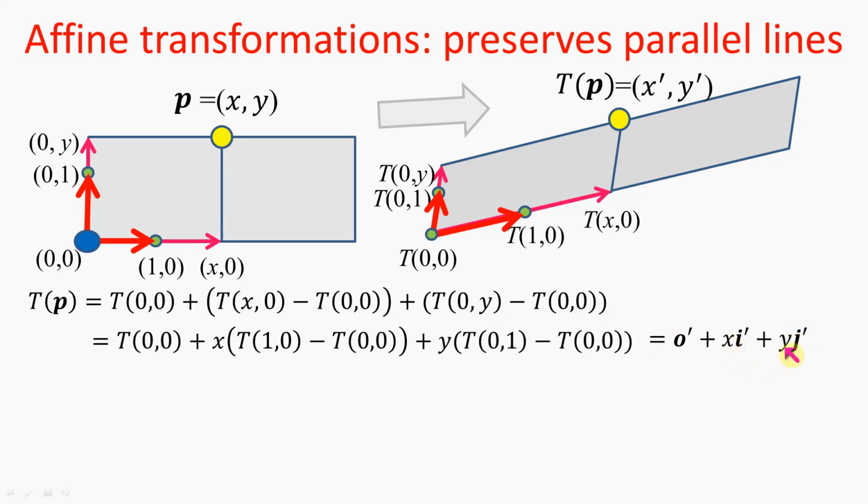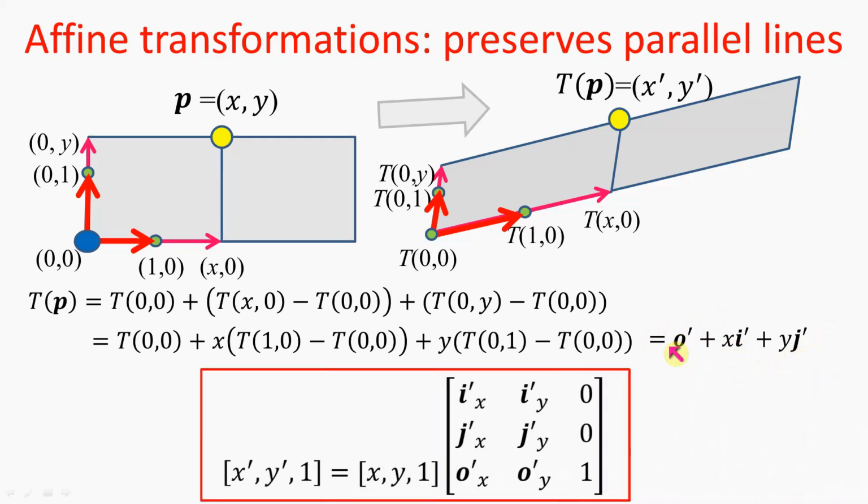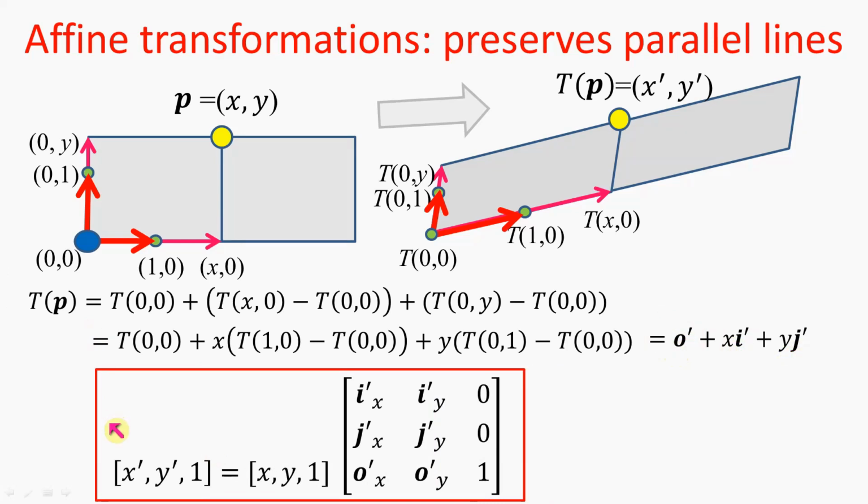Concerning xy Cartesian coordinates, this expression is linear in them. This expression can also be written in a matrix vector form. xy is extended by a one value in order to multiply the o prime variable with 1 here, which is multiplied by a 3 times 3 matrix where the first row contains the Cartesian coordinates of the image of basis vector i.